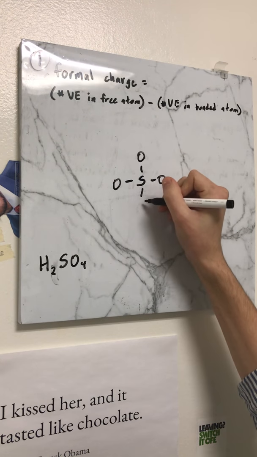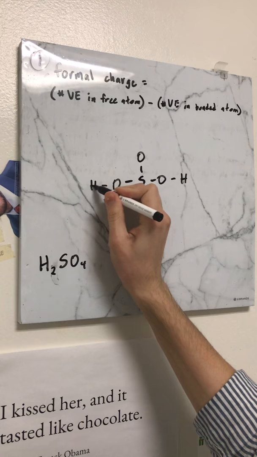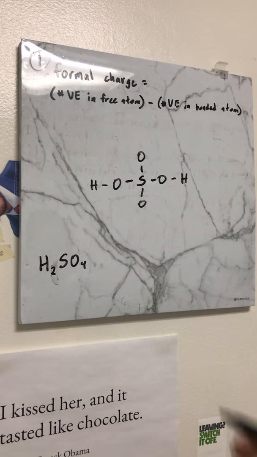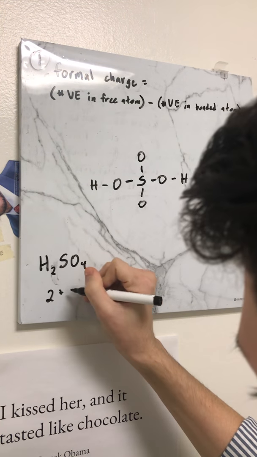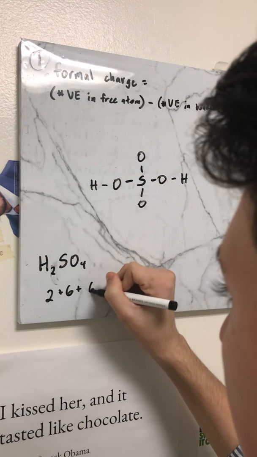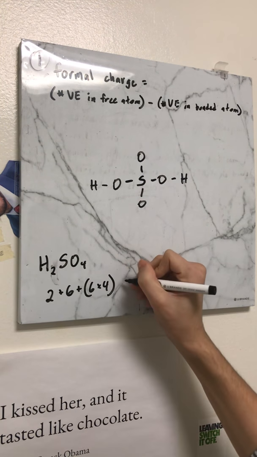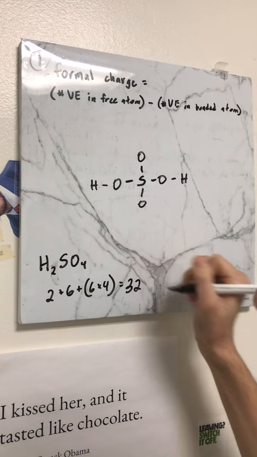So there's our 4 O's, and then our 2 hydrogens. So if we add up the valence electrons here, we've got 2 plus 6 plus 6 times 4. So that's 24, 30, 32, equals 32.